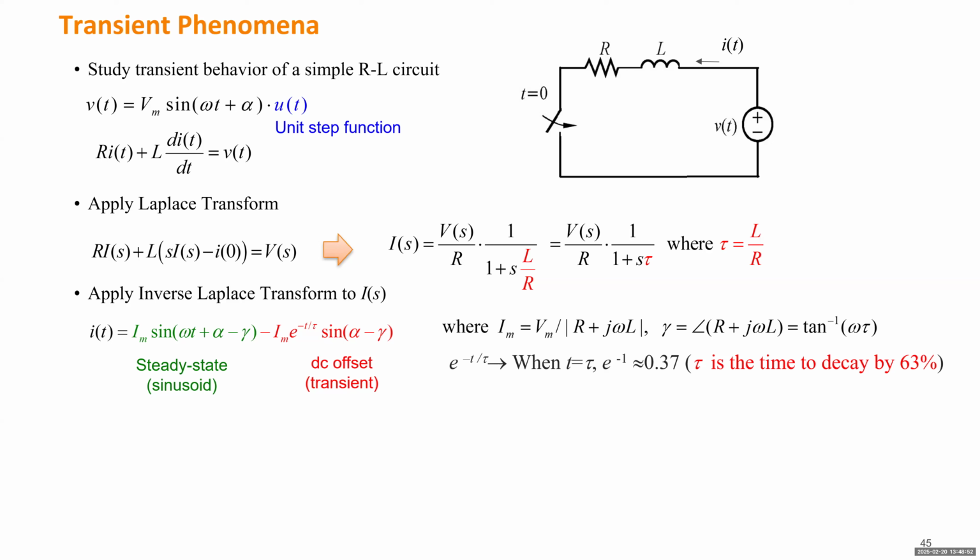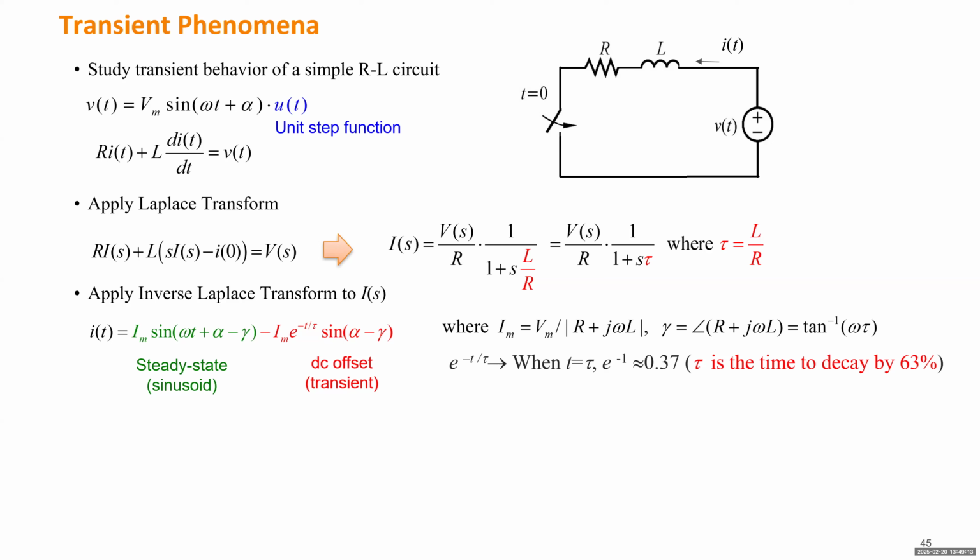So if tau is 1 second, this will decay to 37% after 1 second. If tau is 1 cycle, it will take 1 cycle to decay to that value. So tau is the time to decay by 63%. 60% is more than half, right? It's a majority part.